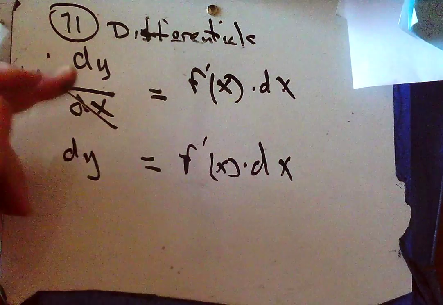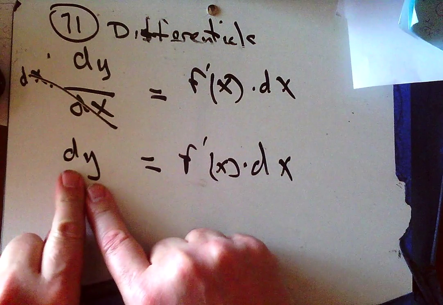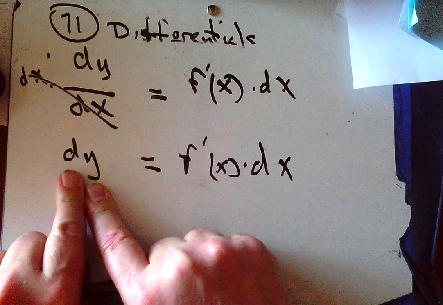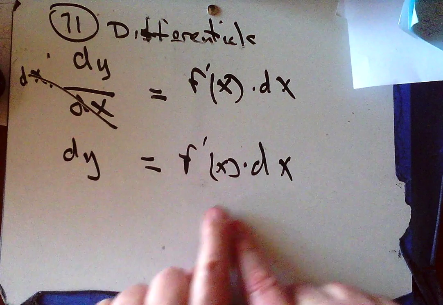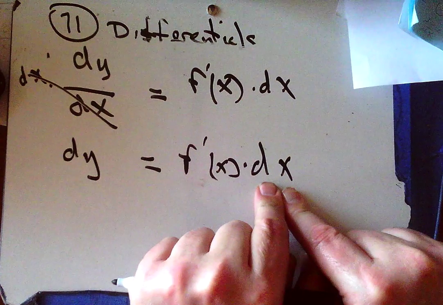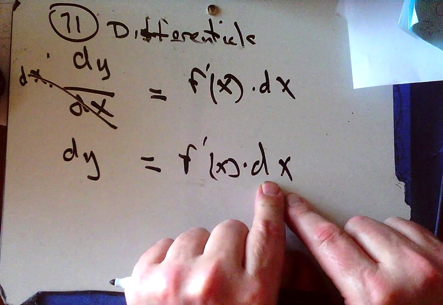But wait, that last sentence, the one you knew all the words from: the differential dy is a dependent variable that depends on both x and dx. That's why that statement was the way it was.